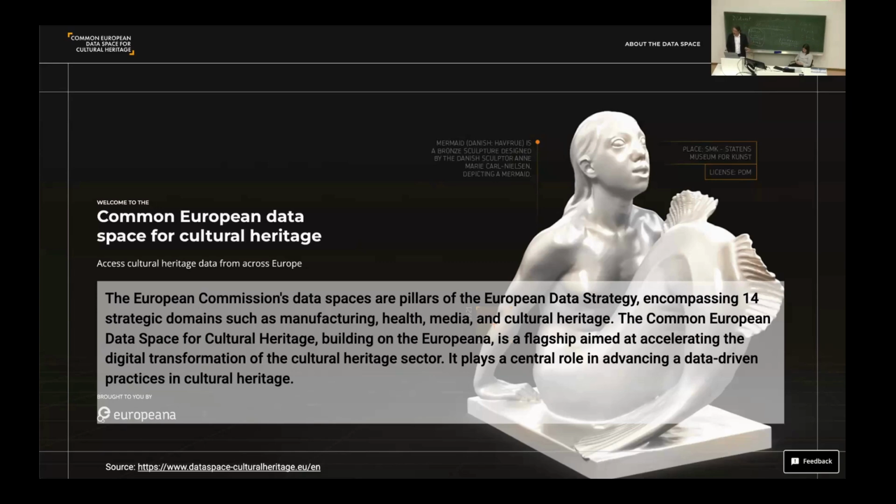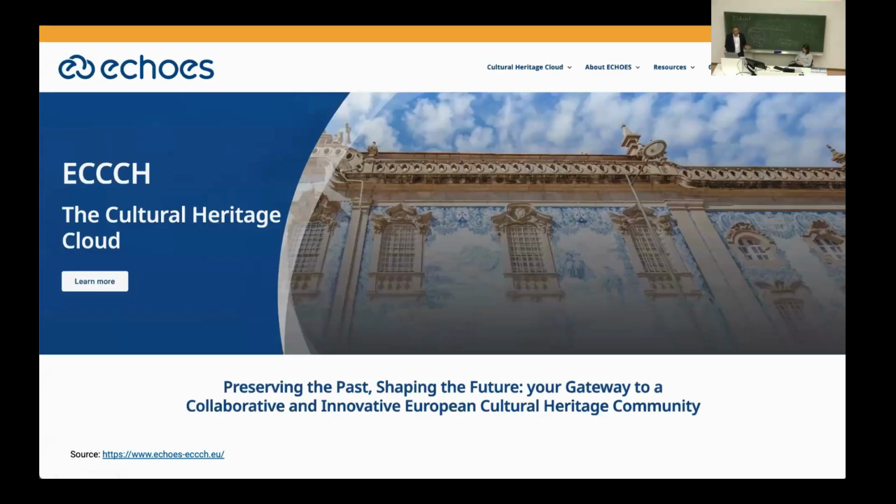And that's not all, because besides the common data space for cultural heritage, since one year, you have the Cultural Heritage Cloud, which is another endeavor, which is more like fostering the digital transformation in cultural heritage institutes across Europe. But of course, this also has to do with data.